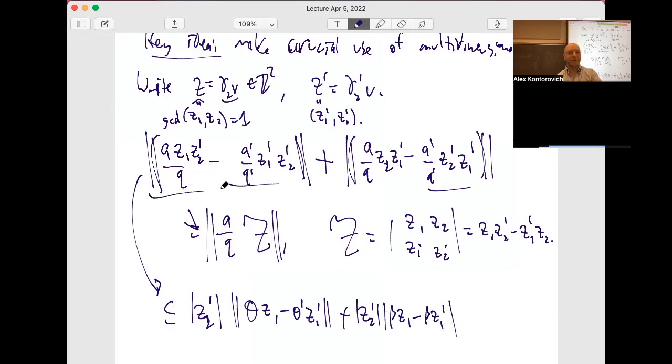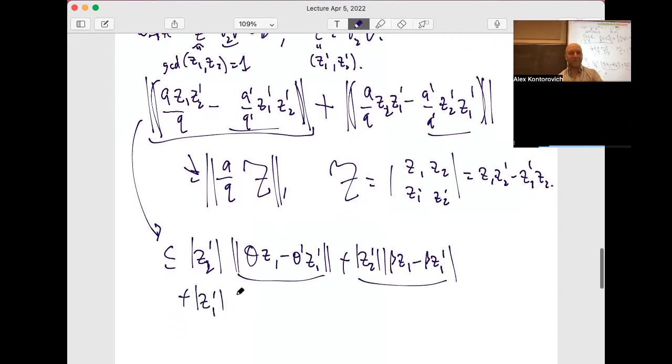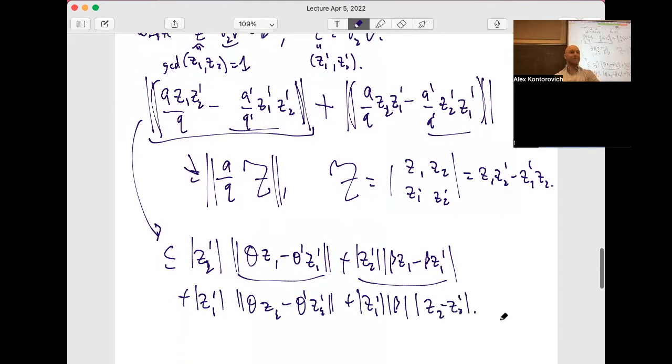I'm just turning this first thing into the two components and pulling out the fact that I multiplied by z2 prime. And then the same thing over here: z1 prime times theta z2 minus theta prime z2 prime, plus z1 prime beta times z2 minus z2 prime. Okay, what is this bounded by?